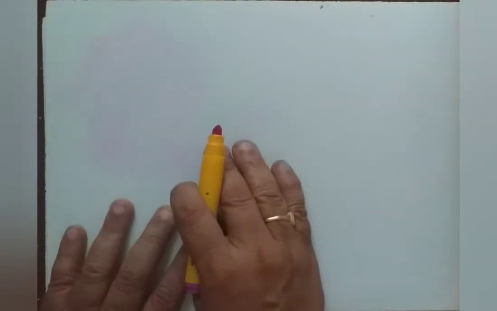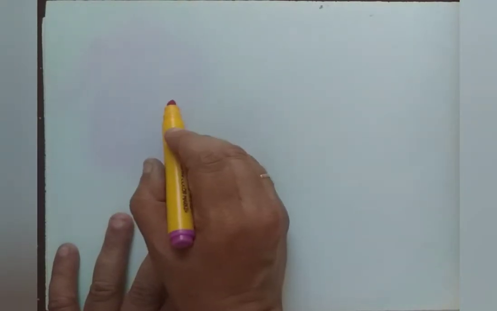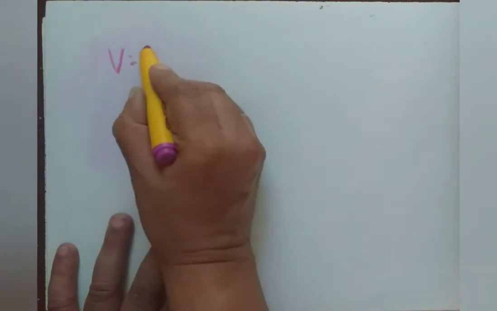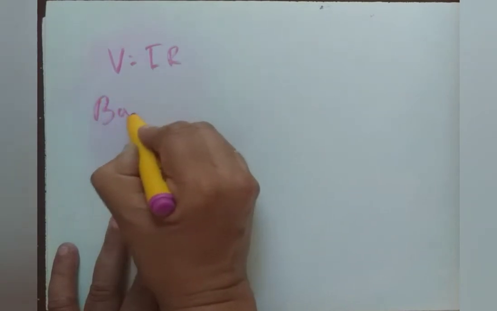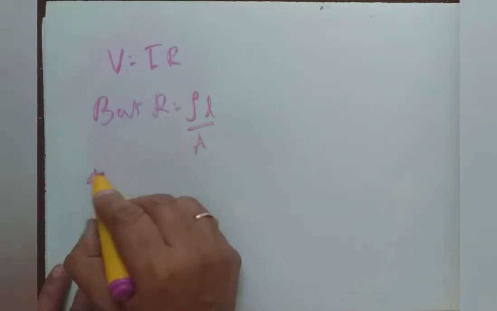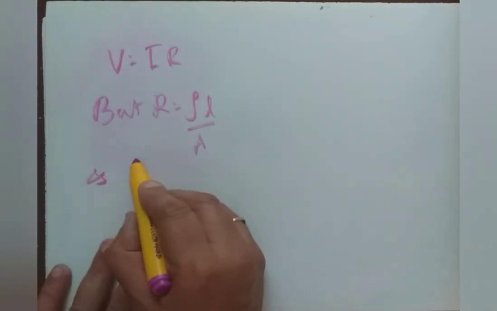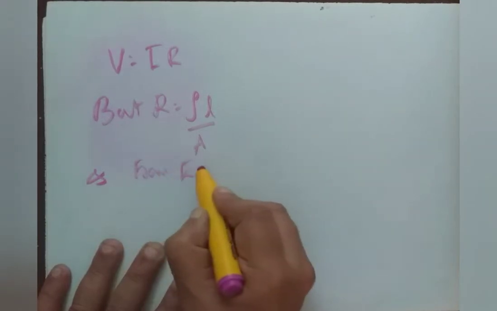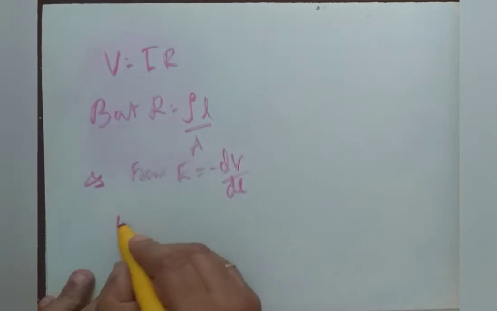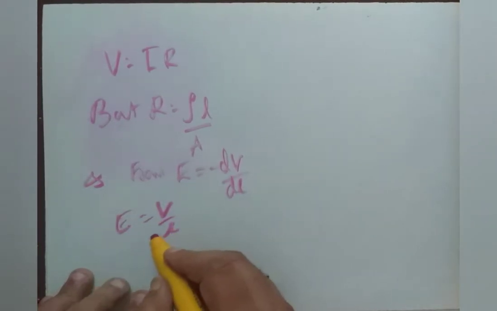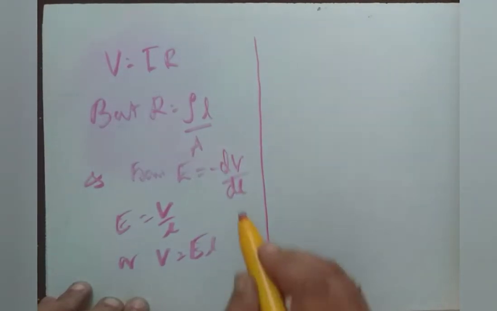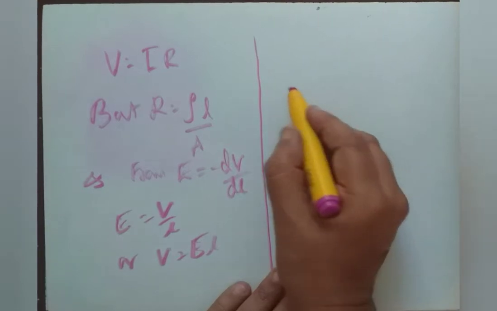Now we try to arrive at Ohm's law in one more form. Just observe, I write Ohm's law: V equals I into R. But R equals rho L by A, and from E equals minus dV by dL, we can write E as V by L, or V as E into L. It's a similar thing to what we used in capacitors.